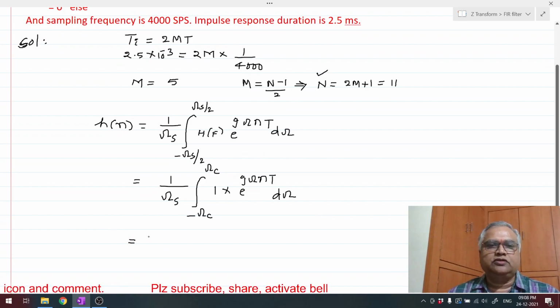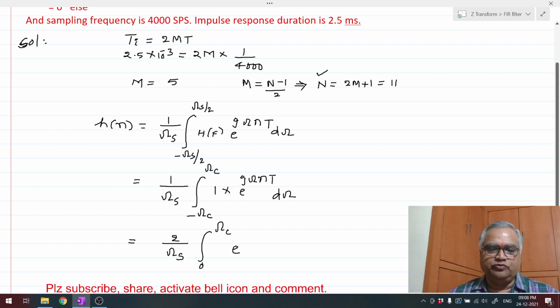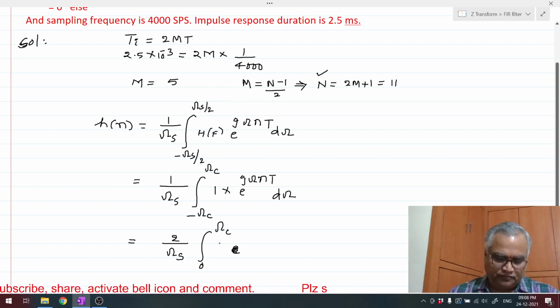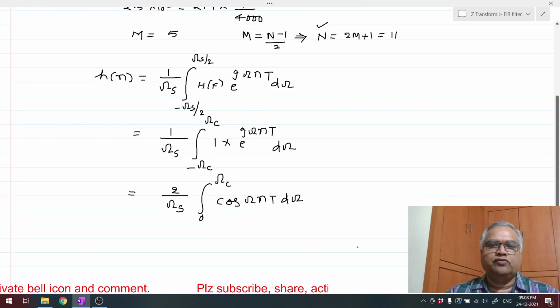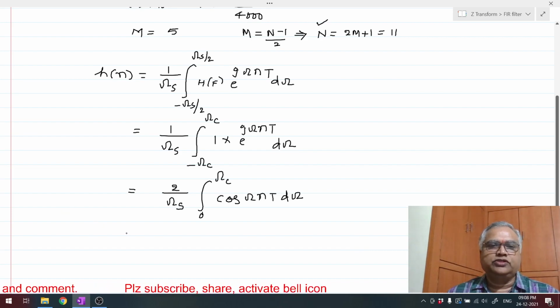So this is further equal to, as per mathematics rules, 2 by omega s integral 0 to omega c of cos omega n T d omega.